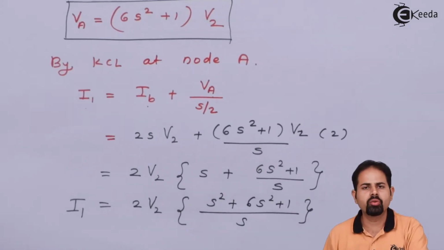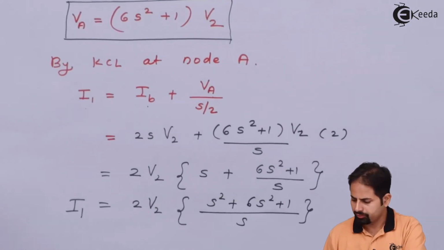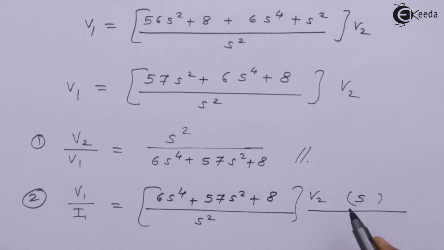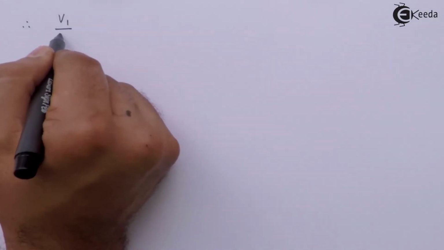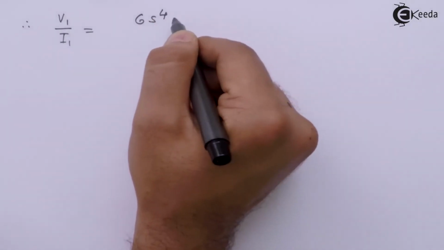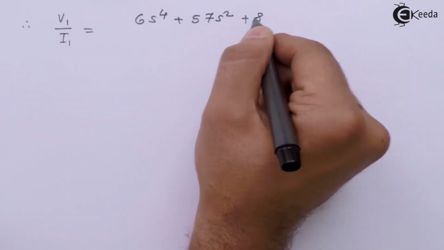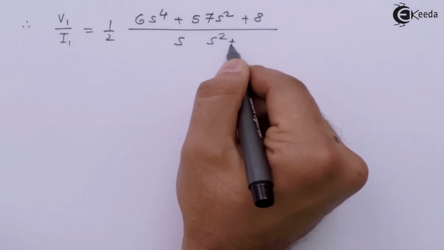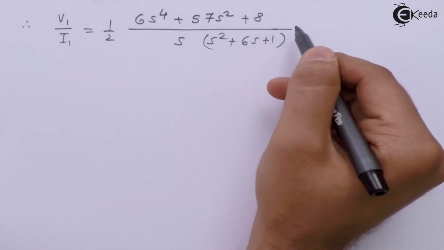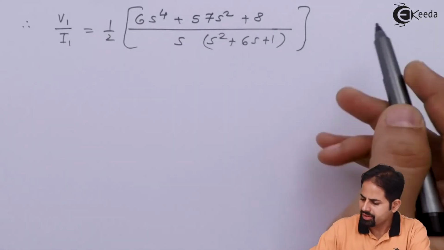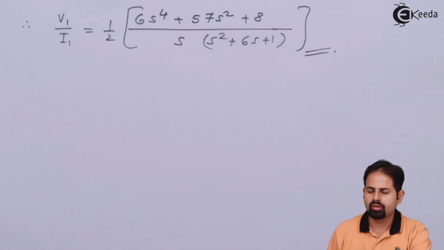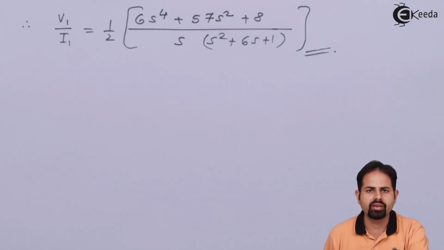So we will substitute this value of I1 in our original equation. Now we will cancel a few terms and rearrange them. Finally we have got V1 upon I1 as this, after cancellation.